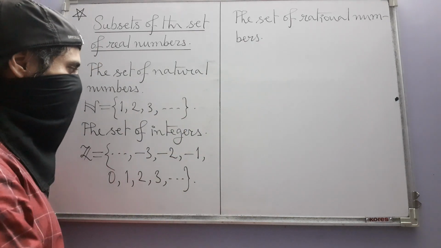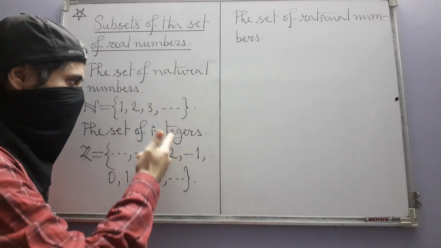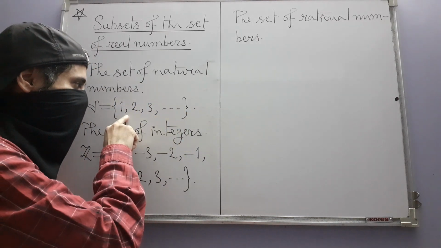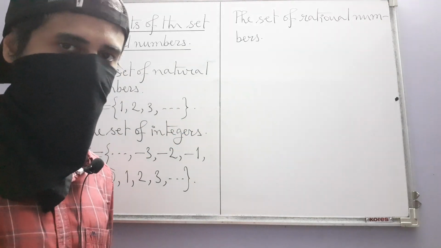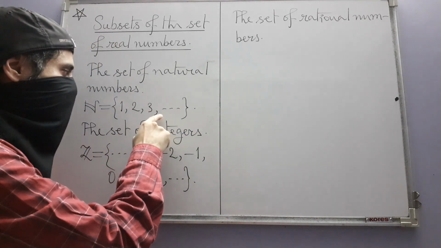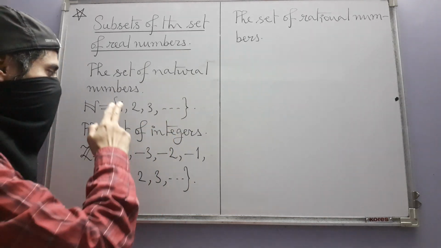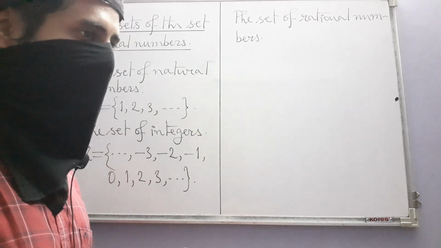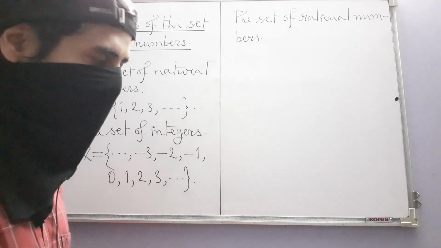But in spite of not being able to write all the natural numbers, we at least know how the list is progressing, in what pattern the numbers are coming, so that you can say what the next number is. 4. You start with 1 and then keep adding 1 every time you write a new natural number. That is the pattern.